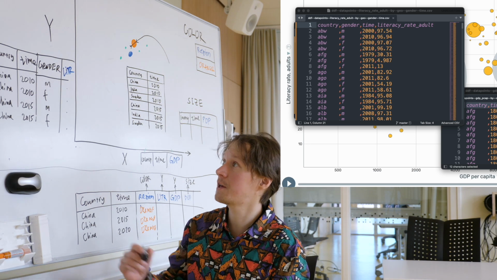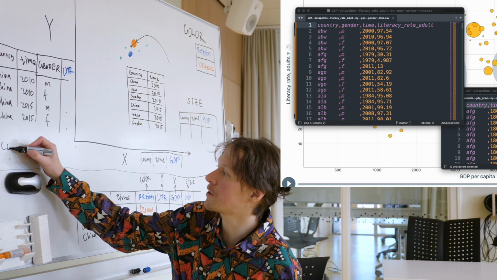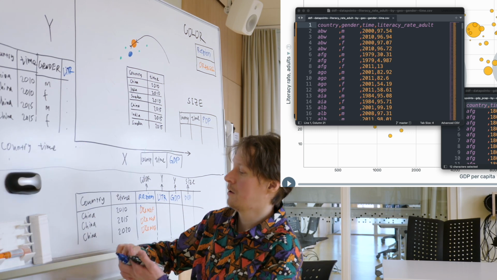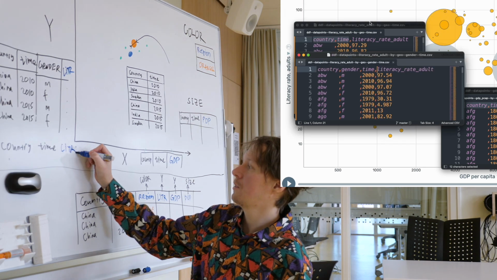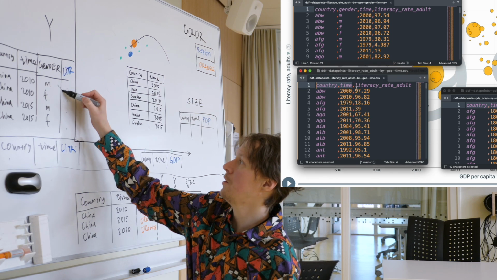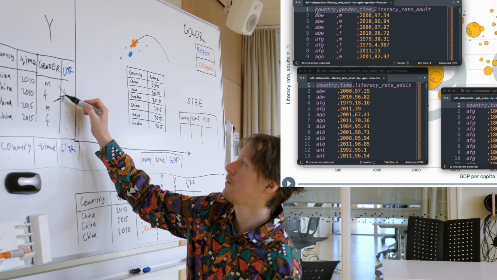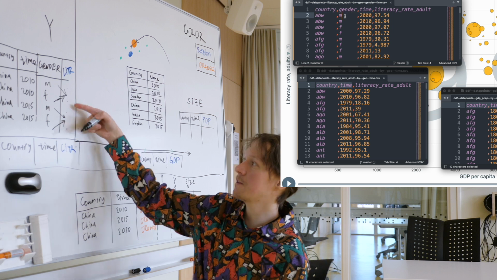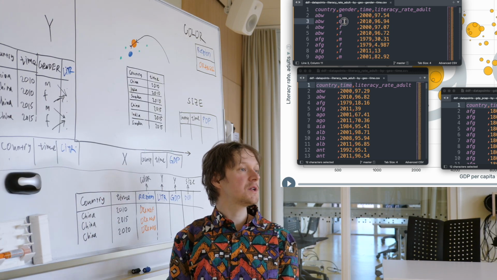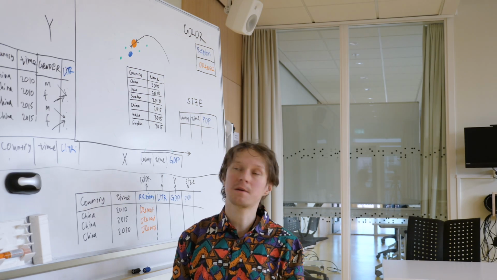But in that case, we're ending up again with country time literacy, yeah? So if we aggregate each of them together, that's not helpful because we just end up having this again. What else can we do? I said filter. How do we do that?